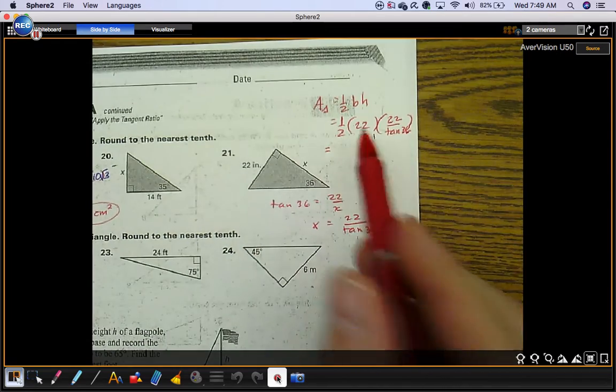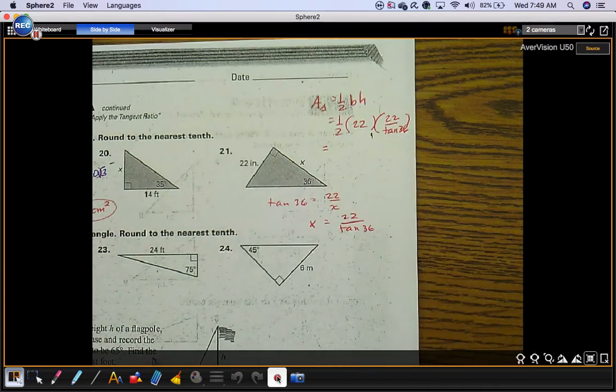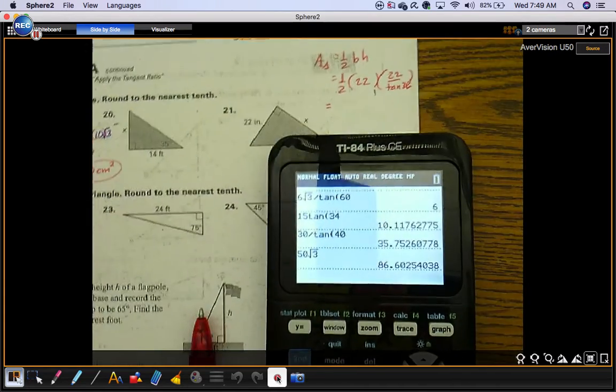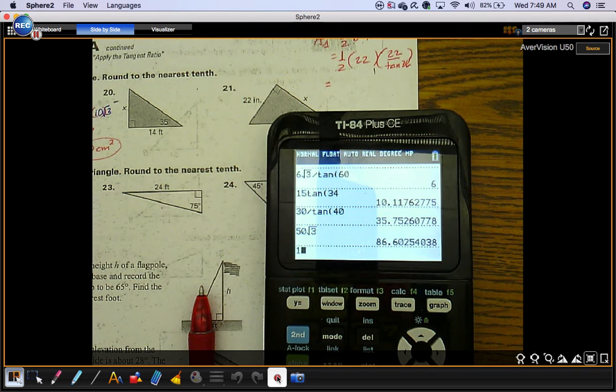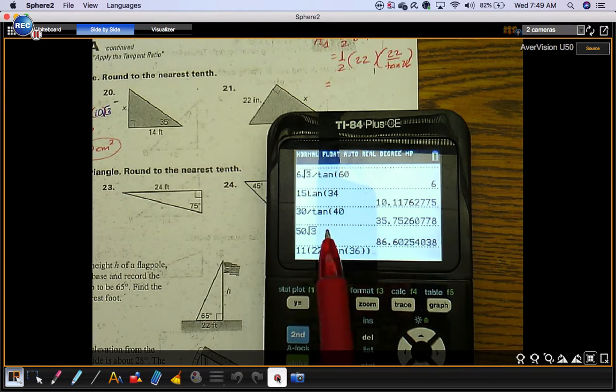I know half of 22 is 11, so I can just do 11 times whatever this number is. So watch how I type that in. I'll do 11 times 22 divided by tan 36. There may be some difficulties doing this in a phone all at once.